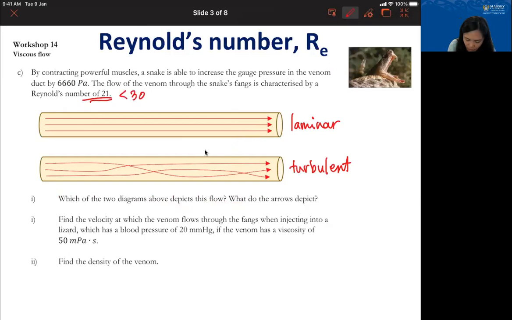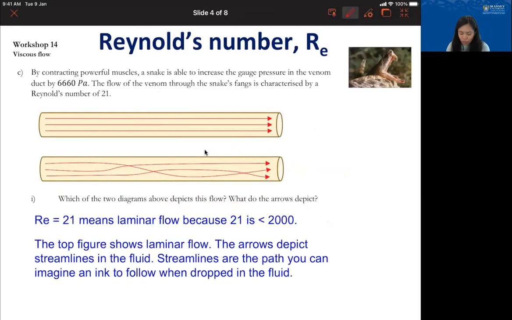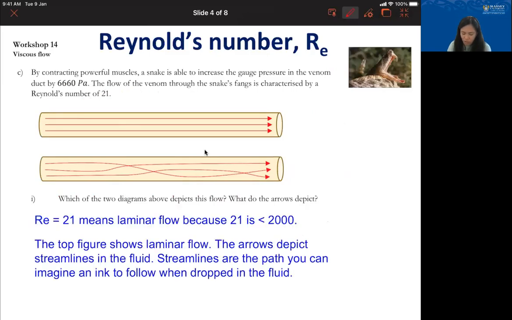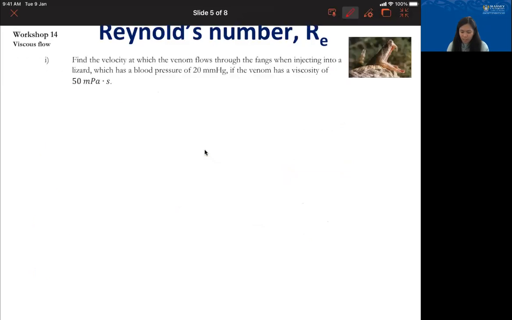It's less than 2,000 for laminar flow. And so the top one should be the correct answer there. The arrows depict the streamlines, or the path of the fluid as it flows. Good.